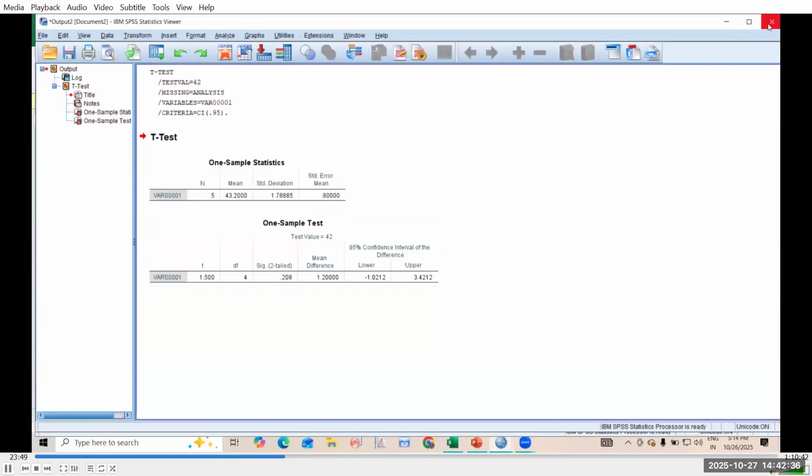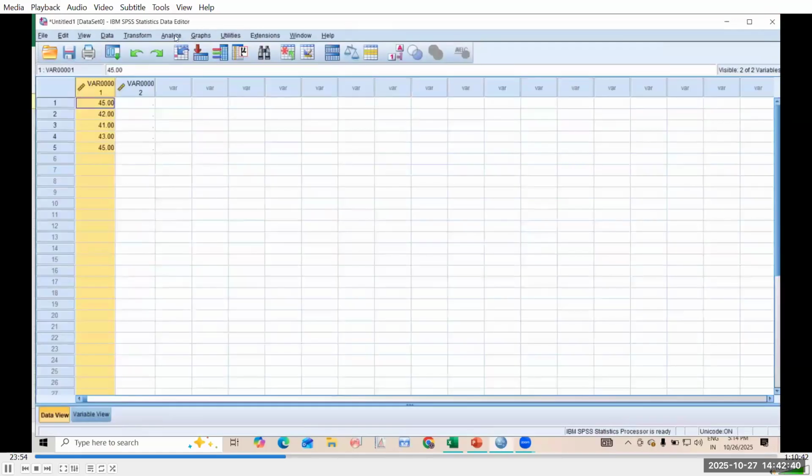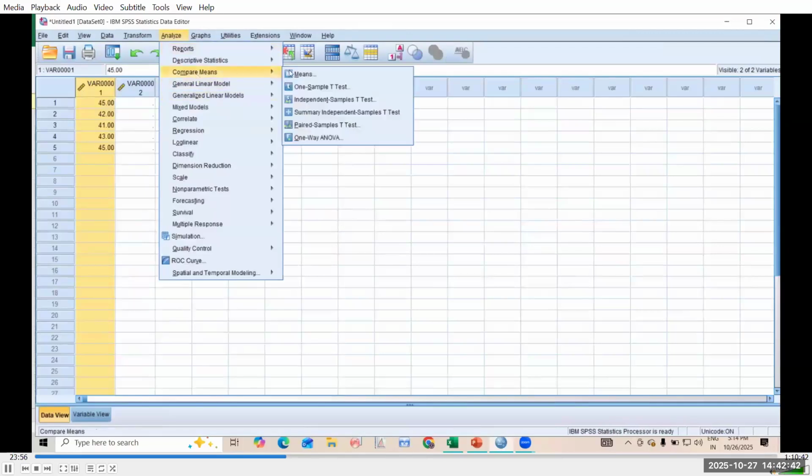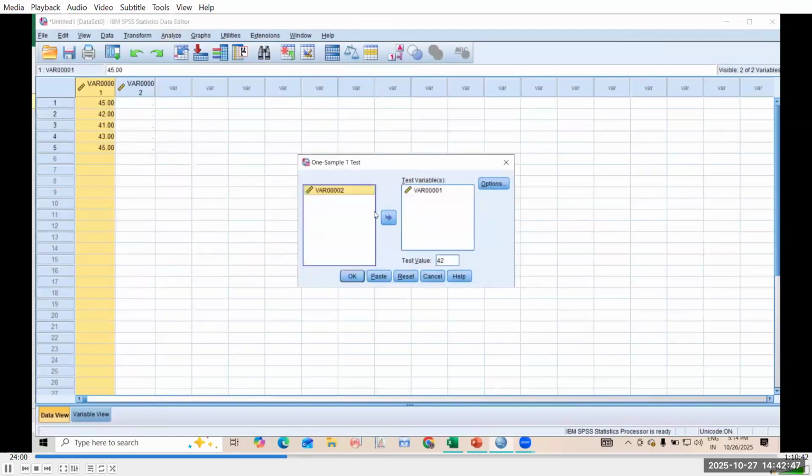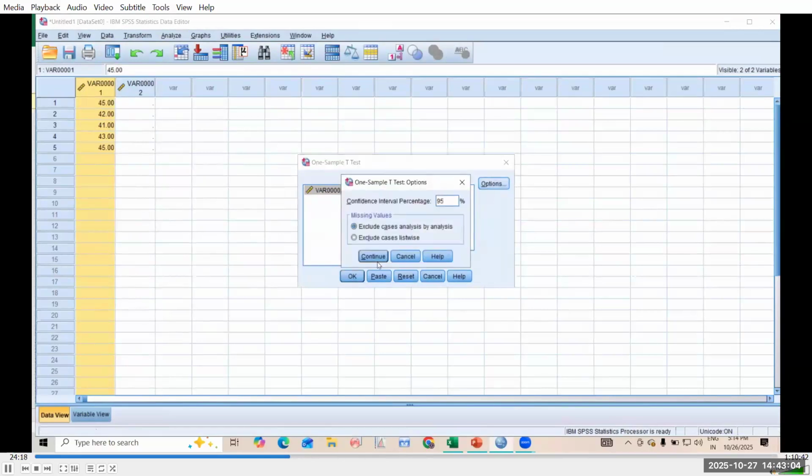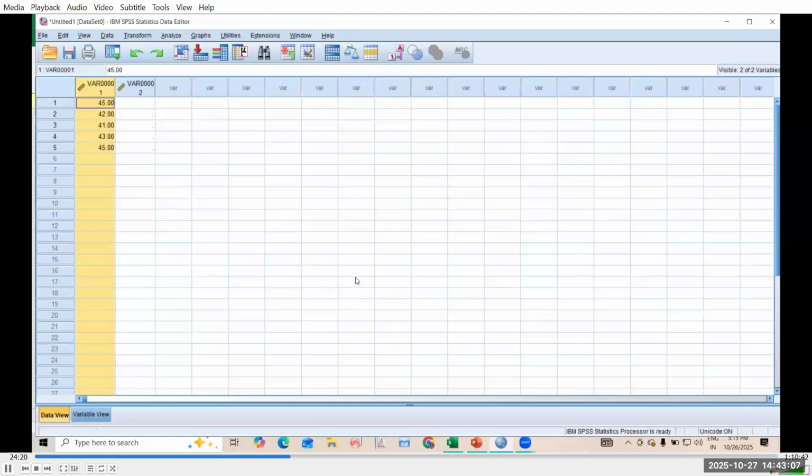Let's suppose again we have to analyze the t-test. I'll show how it will be significantly different. Let's suppose the test value will be 30%. Let's suppose for our best sensory score, the cookie has to have a moisture content of 30%. We'll go for the same confidence level. Continue, then press OK.